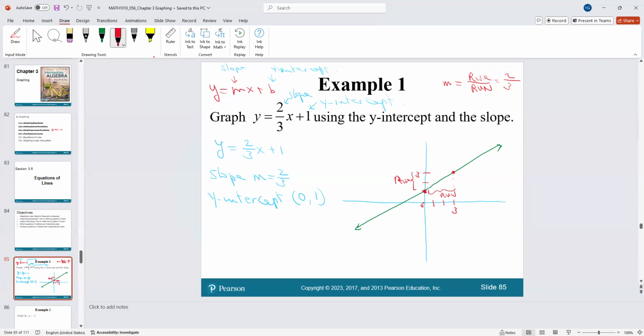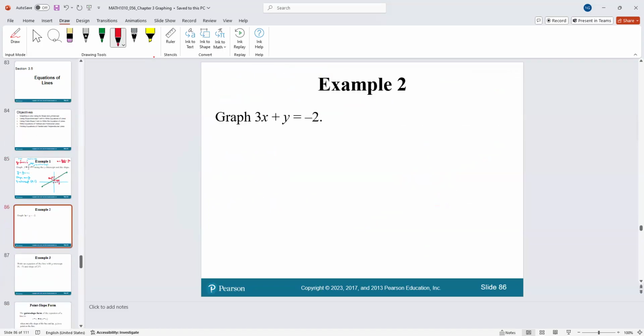If for some reason you still cannot get it, you can also construct a table where you assign values to x in order to find y. Among them, you can put 0. If x is 0, you know y is going to be 1, so that will be the y-intercept. Here all they ask us to do is to graph.